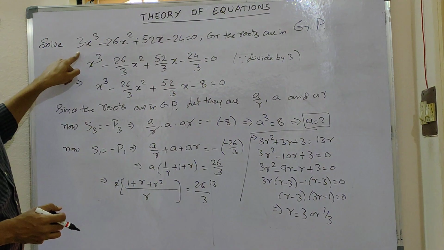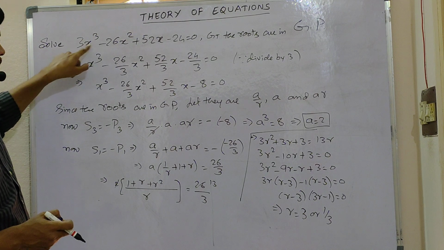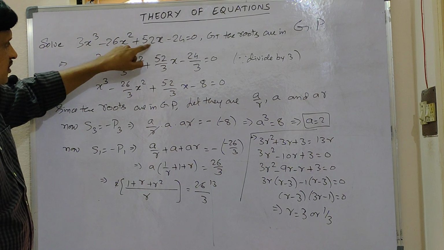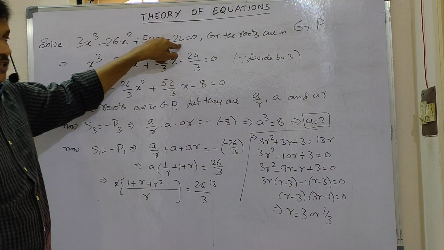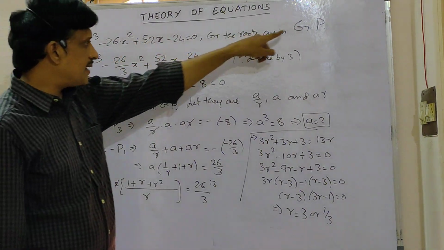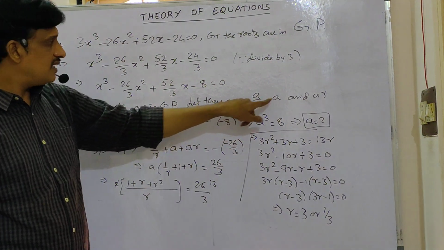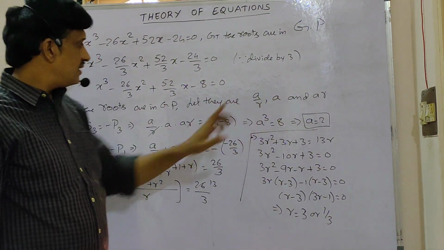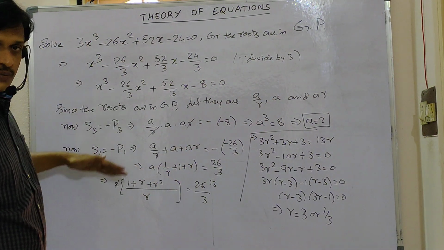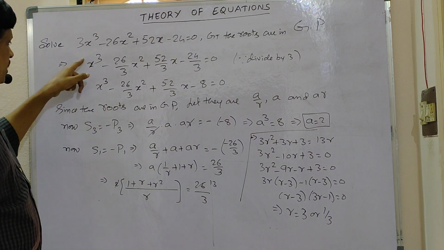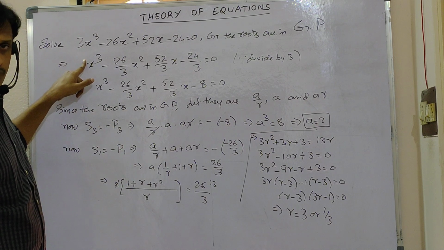Here the given cubic polynomial is this one, 3x cube minus 26x square plus 52x minus 24 is 0. Solve this one. Given that the roots are in geometric progression, let the roots be a by r, a and ar. First, before going to write S1, S2, S3 conditions, we need to make the leading coefficient 1.